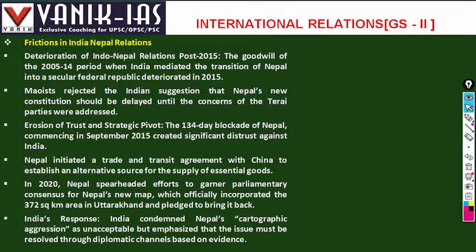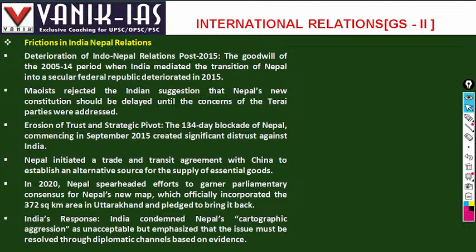But when the Maoists came to power, they tried to suppress the Madhesi interest, which was promoted by the Indian government. Erosion of trust and strategic pivot: the 134-day blockade of Nepal commencing September 2015 created significant distrust against India, because they feel that this was an Indian-promoted blockade, because Nepal is a landlocked country.